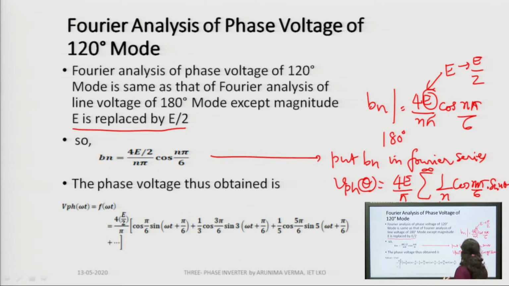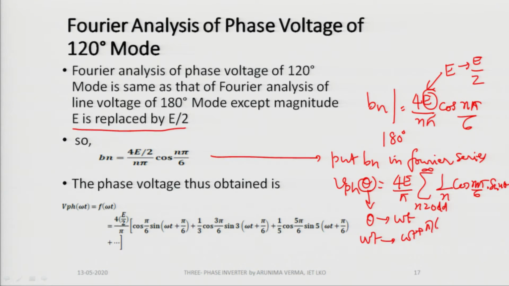Now, you have this, you expanded this. What you have to do is, again omega t, the reference is the same, everything is the same, you will replace theta with omega t, and finally omega t with omega t plus pi by 6.